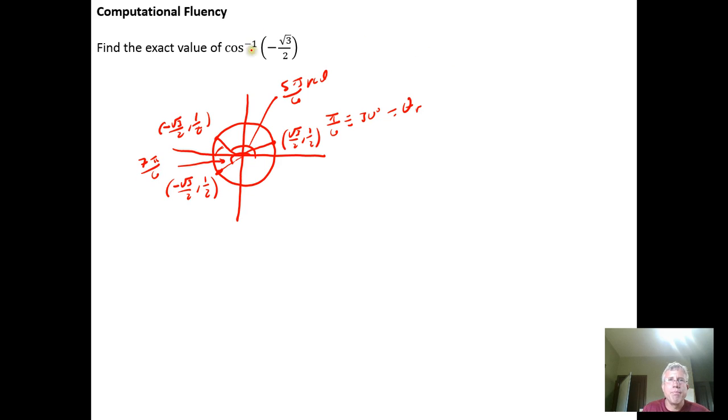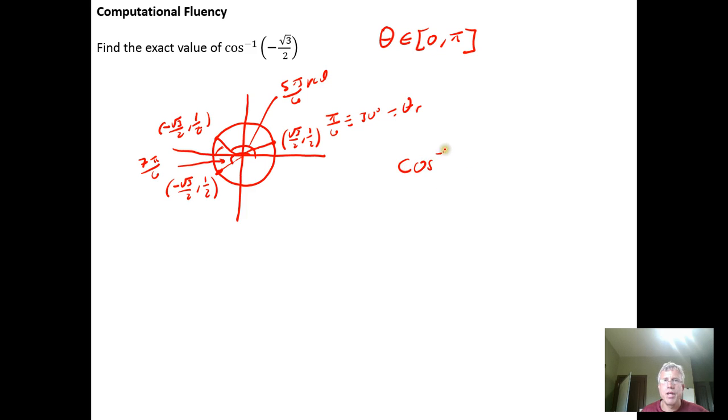But what we want to remember is that the cosine inverse was established by restricting the domain for theta on a cosine function to run from 0 to pi radians, or 0 to 180 degrees. So the range of the cosine inverse function has to be an angle on this interval, and that's going to correspond to 5 pi over 6, which is an angle between 0 and pi radians.